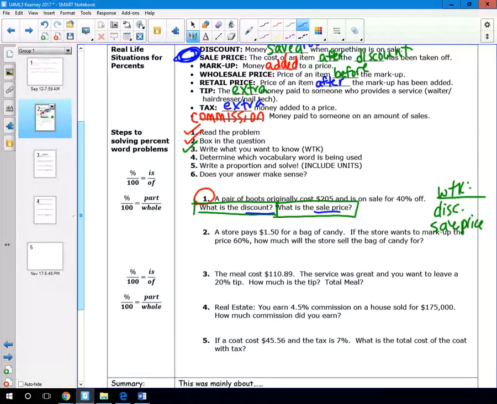Now we're going to write a proportion and solve. So it says they're 40% off. So what do you think the 40 is going to go over? 40 over 100. And then it says the boots originally cost $205. So if you were going to pay 100%, all of it, that would be the 205.